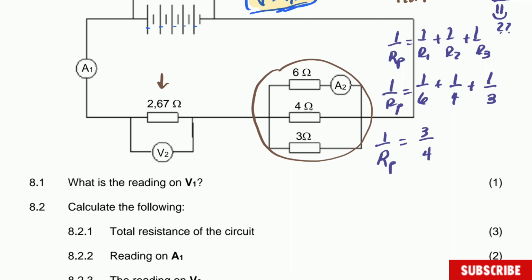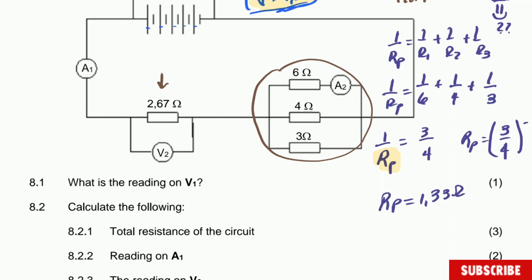But note the following: the RP is the denominator, so be careful. All we have to say is that RP is equal to 3/4 to the minus 1. In other words, we invert the number. So RP will be equal to 1,33 ohm.